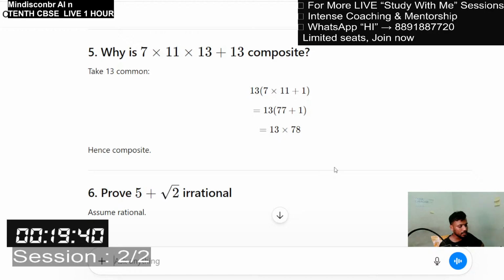We can write it as a product of prime numbers. So we can say that 7 into 11 into 13 plus 13 is composite.